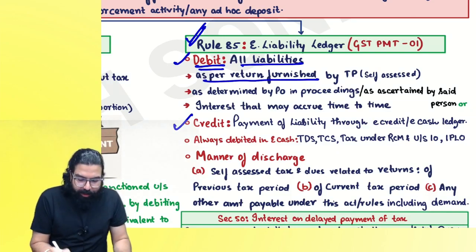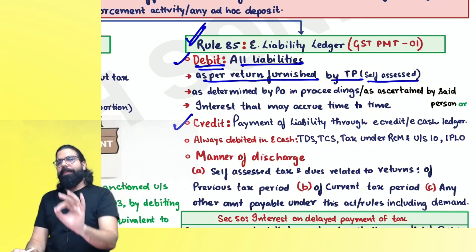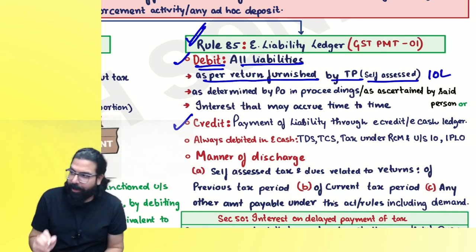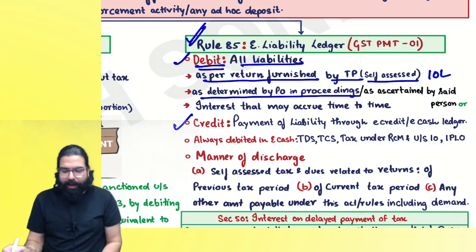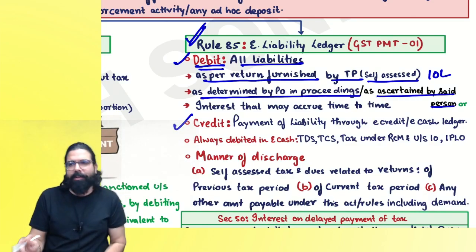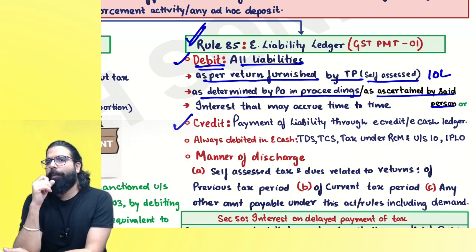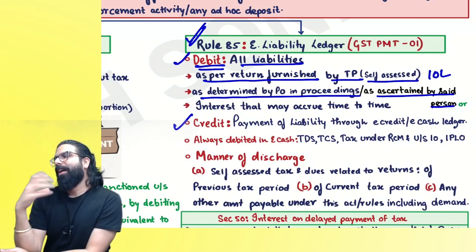Everyone, as per the return furnished by the taxable person, whatever you self-assess will be debited. Can I go ahead, everyone? Say I self-assess 10 lakh, debited. Or as determined by the proper officer in any proceedings, or as ascertained by the said person. Supposing the proper officer caught you and told you, hey, you have to pay 5 lakh. Or you yourself went ahead and said, sir, by mistake I had taken 5 lakh, I am liable to pay.